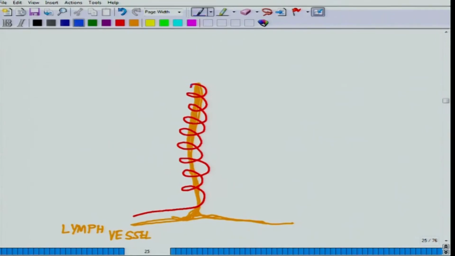and in continuation you have the venules which are the veins, in blue, they are running in parallel, and that's it. Okay. So, the red ones, these are the veins, and here you have the arteries. Okay.